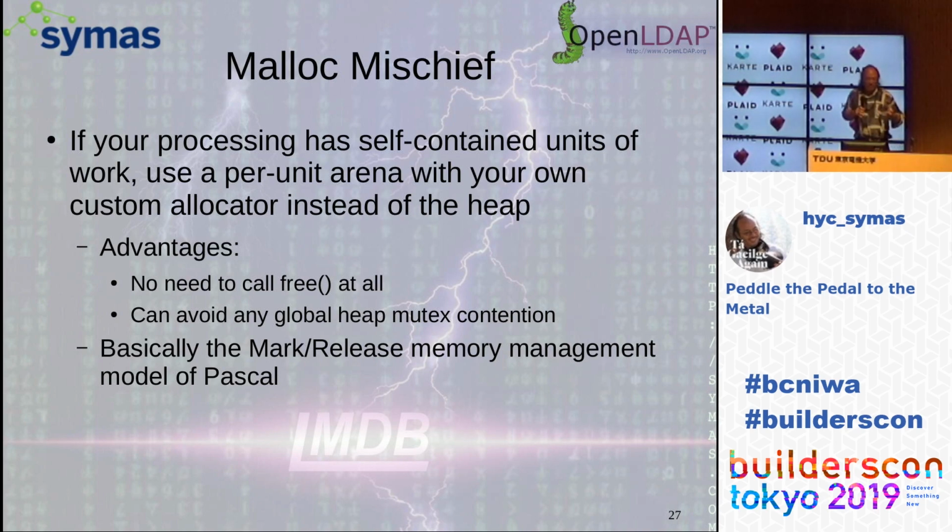In this case, you provide one arena per request, do all your allocations in there, and when the request is done, you just reset the arena to 0, and you don't have to spend any time doing any frees. Funny enough, this is the memory management approach that was used in Pascal in the 1980s, and somehow it got discarded, but it's very simple and it's very effective. It's very powerful.